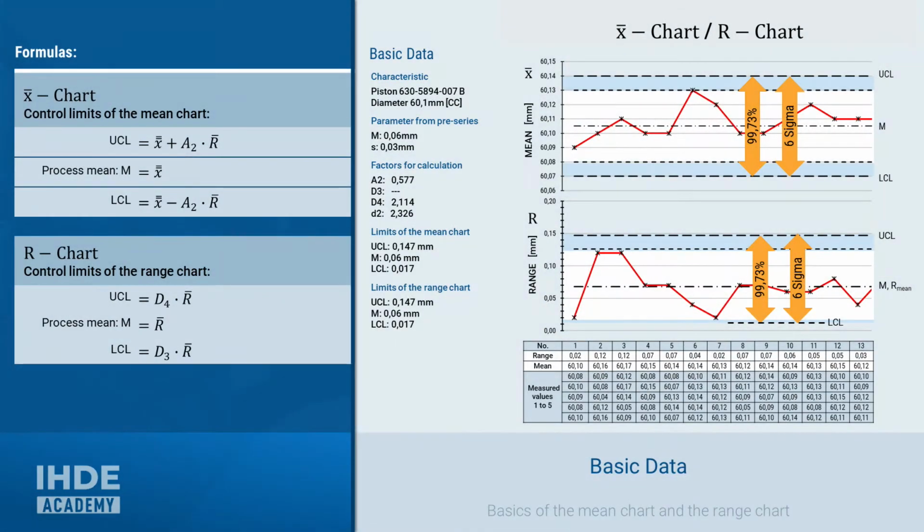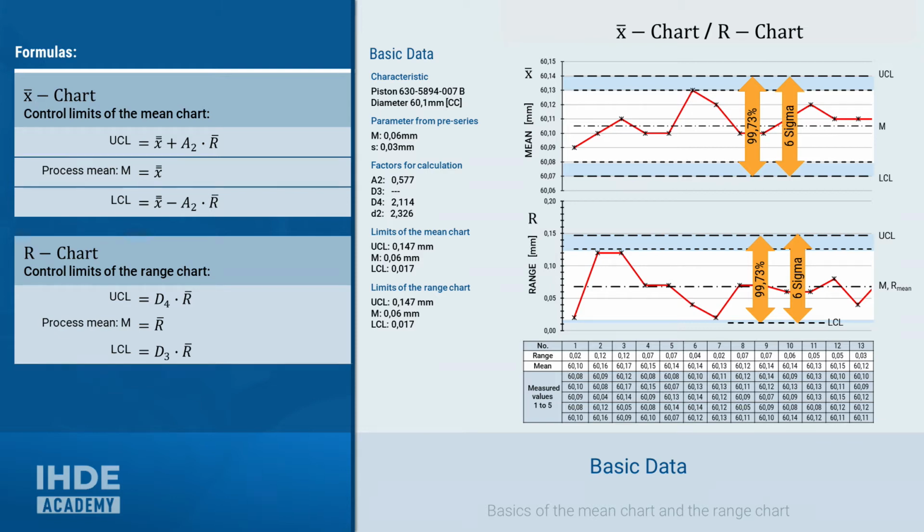To recognize an out-of-control process, it is possible to monitor, for example, how the mean value of the individual random samples changes and how the range of the same random samples changes. For this purpose, the control limits are selected in such a way that there is a 99.73% probability that the mean value of a sample, or the range of a sample, is between these limits.